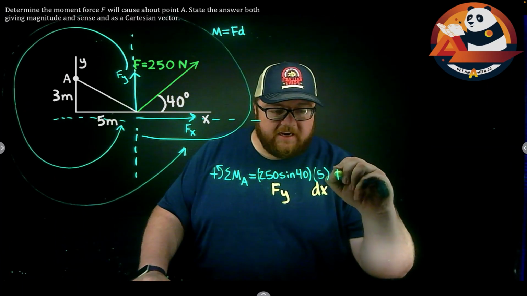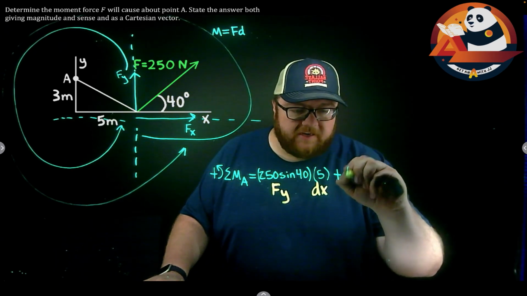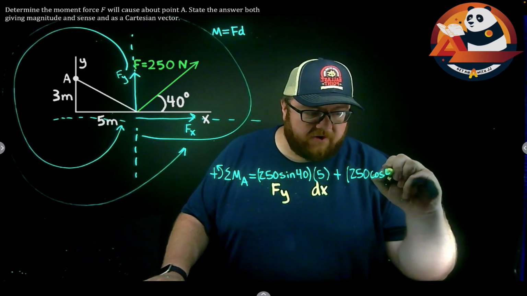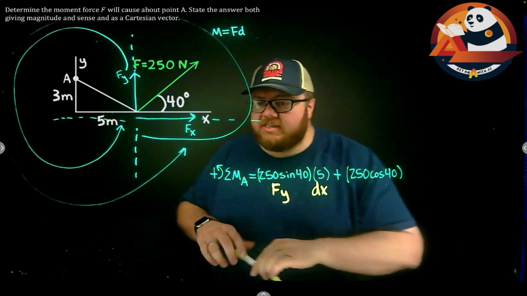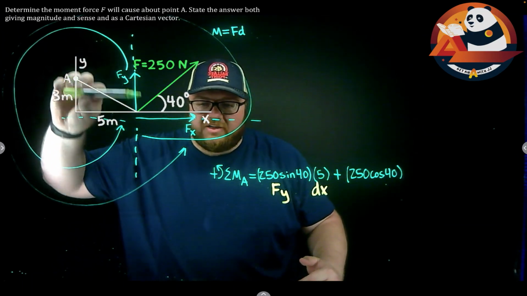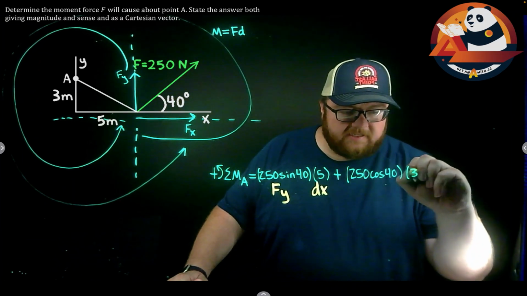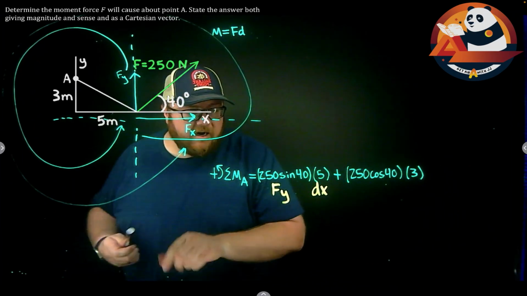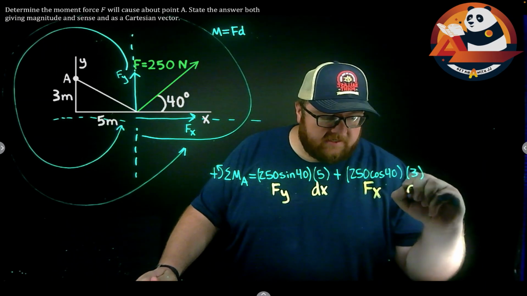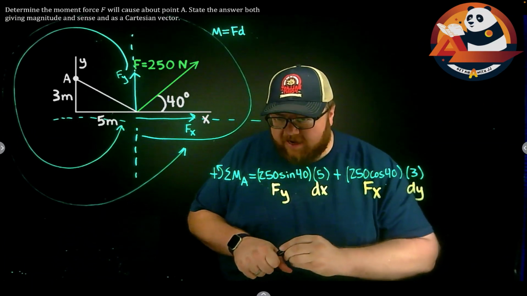So I'm going to add that in, plus Fx will be 250 cosine 40 times this time. To get from my x component's line of action to A, I have to go in the y direction, 3 meters. So my dy is 3. This is Fx dy. Force in the x, distance in the y.